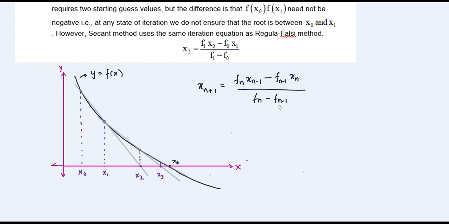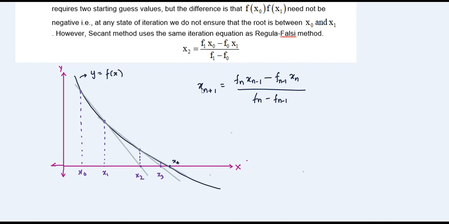Remember, the first assumption was x0 and x1, and then we say the closest root is x2. That means this first step is x2. Second step, we get x3. Nth step, we get x n plus 1.